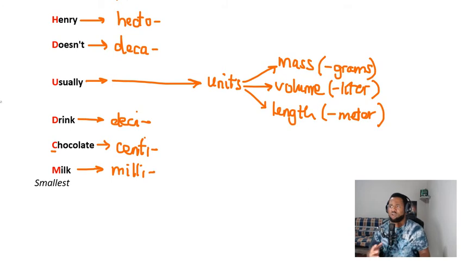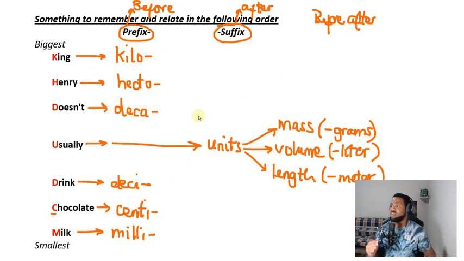And now let's focus on our next part, which is representing kilo, hecto, deca, gram, liter, meter, deci, centi, and milli in short forms. The short form of kilo is the small letter k, and once you combine that with mass, whose unit is grams, we have kilograms, which is kg.